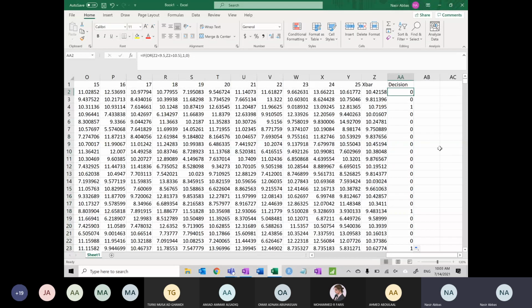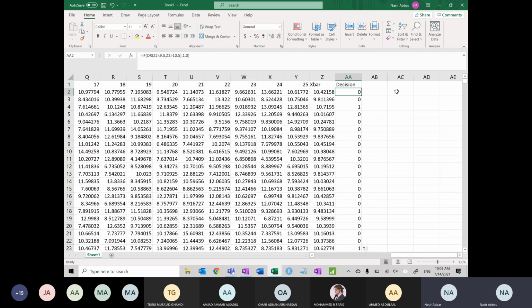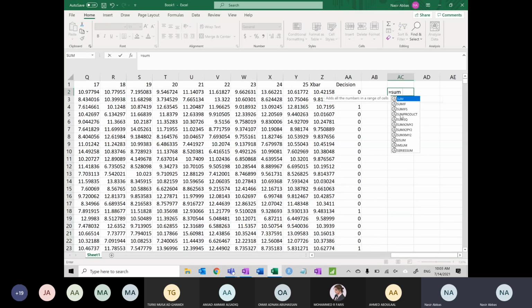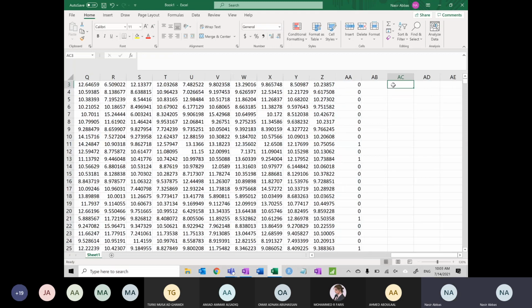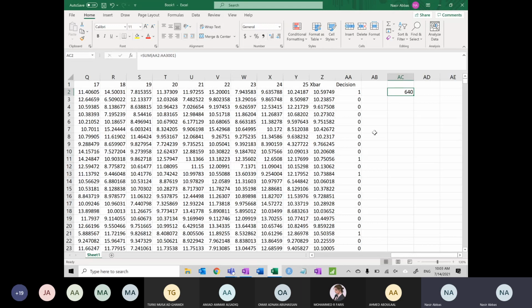Wherever you see 0, it means I fail to reject H0, and 1 means I reject H0. So I'll see how many times I rejected H0. I'll sum this column and the sum is 640.